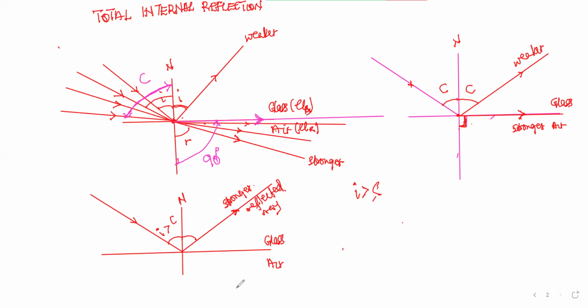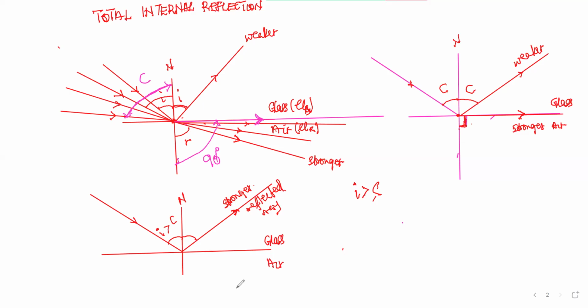The critical angle of a material is the angle of incidence in the more dense medium which produces an angle of refraction of 90 degrees in the less dense medium.